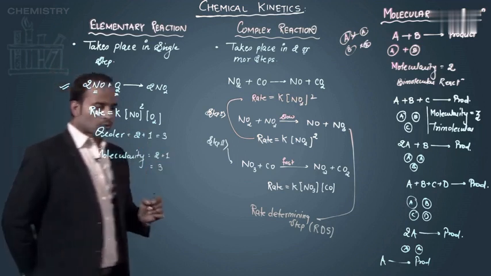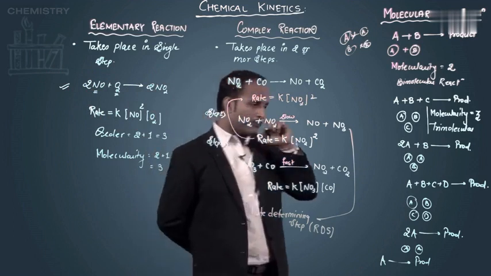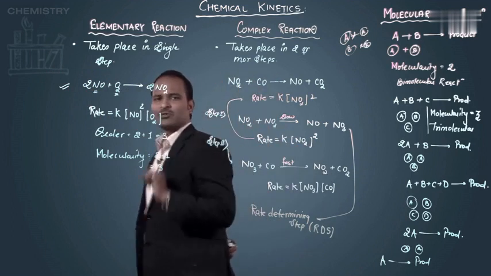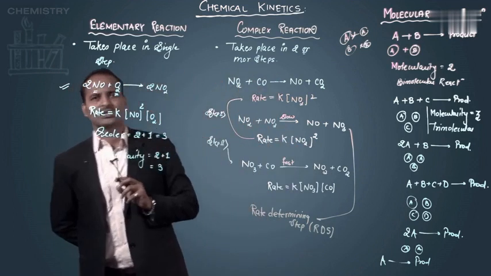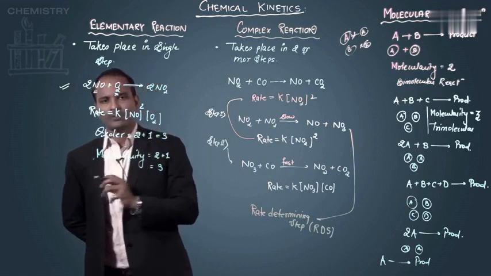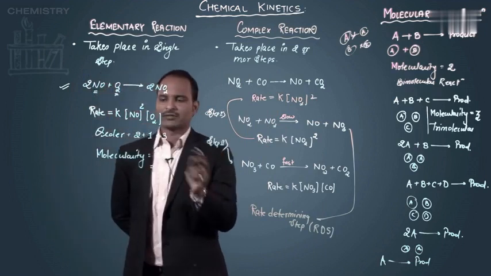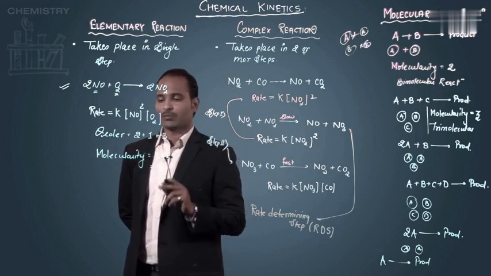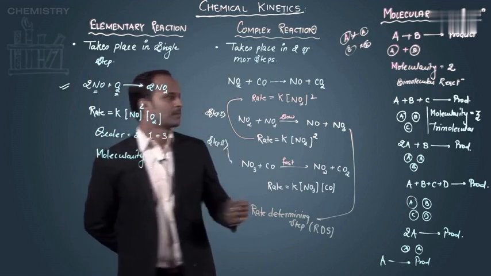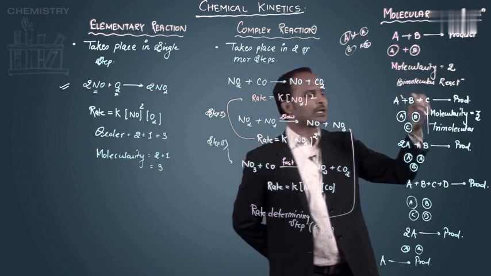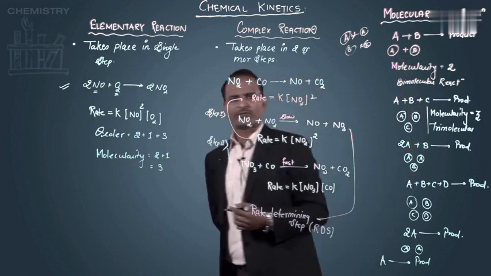To know the order of reaction, we have to perform an experiment, because the order of reaction is a sum of powers. So to know the order of reaction, it is very necessary to perform the experiment to get the values of x and y, and then you can write the order of reaction. But the molecularity of a reaction, in all cases, we predict directly without performing any reaction.